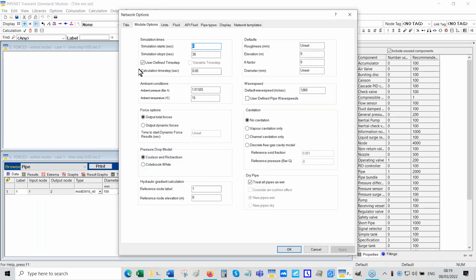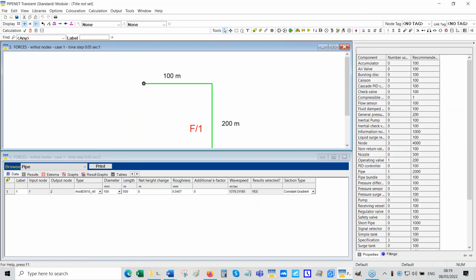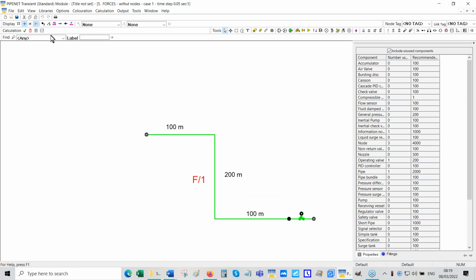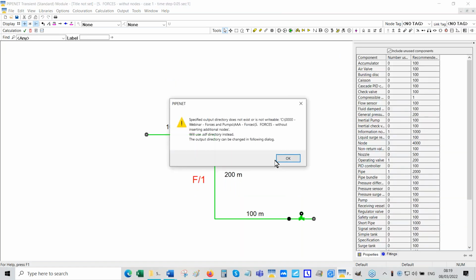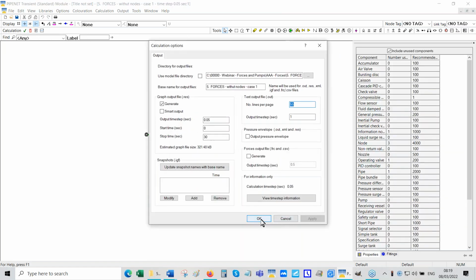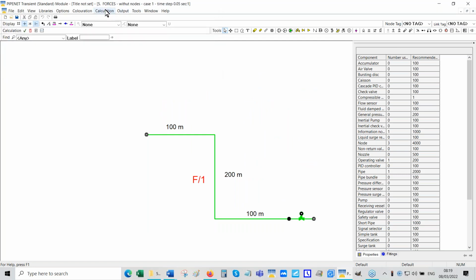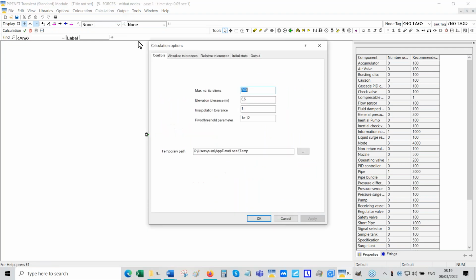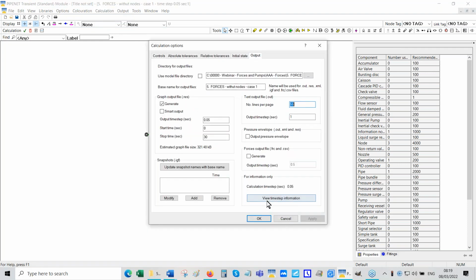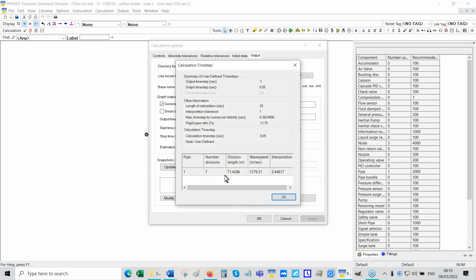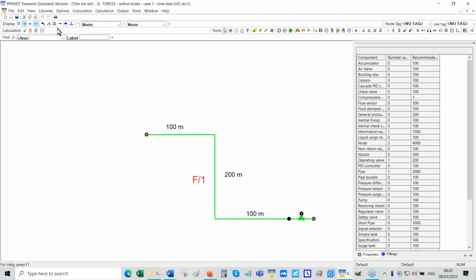See, I've defined the calculation time step here. As I explained during the previous seminar, this will show you the number of grid points here. That's what this means. So let's look at the result.